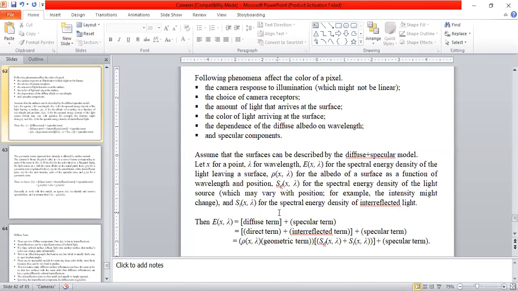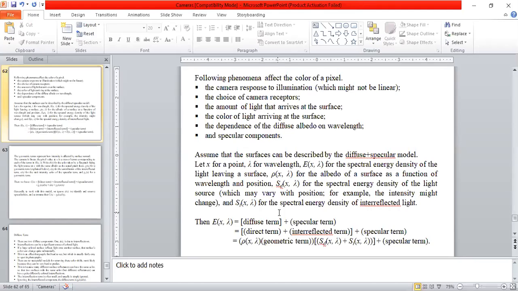Interreflected meaning it has been reflected by the surface, and the color rays will again be interreflecting among themselves and go in another direction, plus this specular term. Now we can expand this as rho, that is the albedo for a given x comma lambda, multiplied by a geometric term, multiplied by SD.